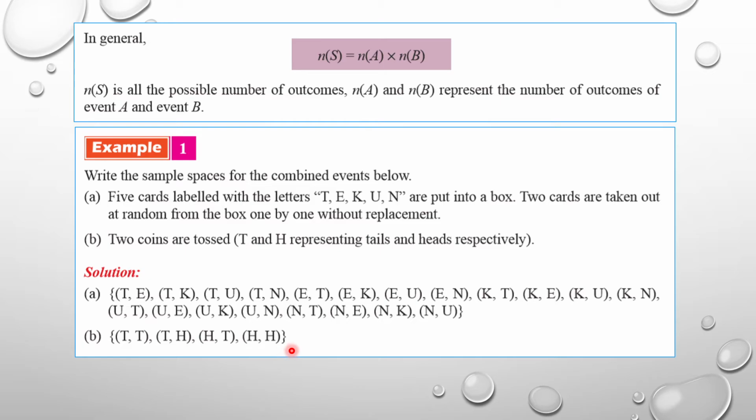That will be T and H. For the second coin, also the same thing. You will have T and H. So here you can see all the possible outcomes that are being listed out. Or if you just want to know the number of the sample space, that will be 2 times 2 equals 4.